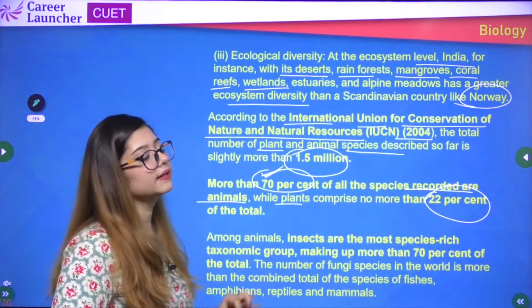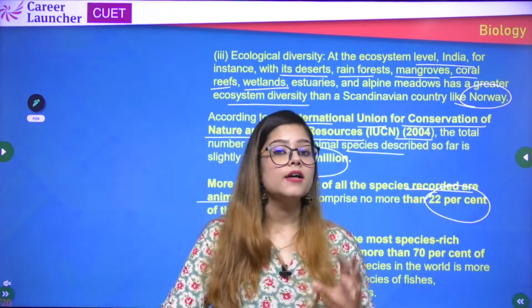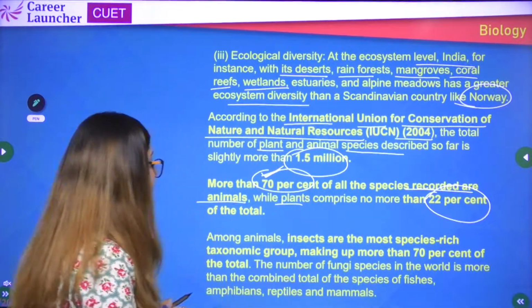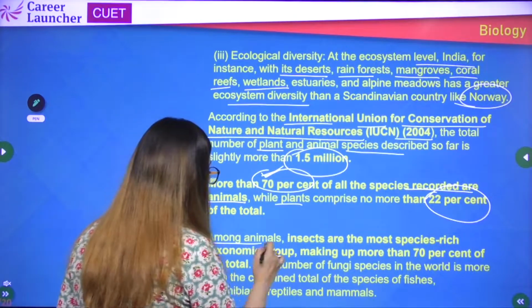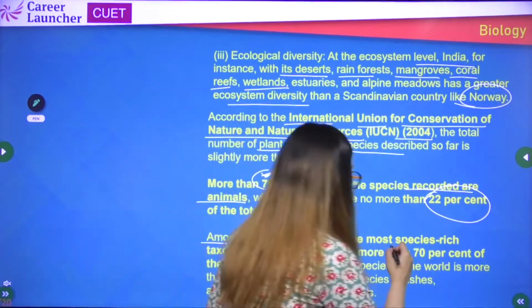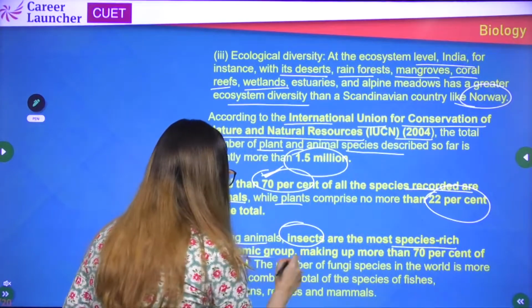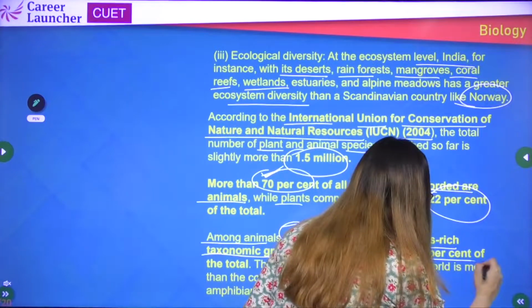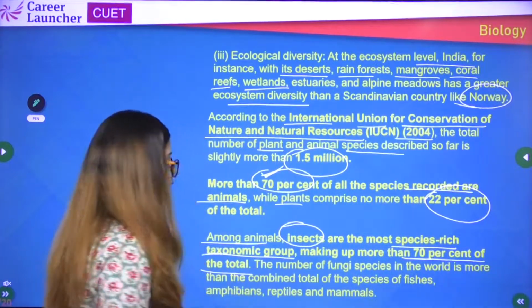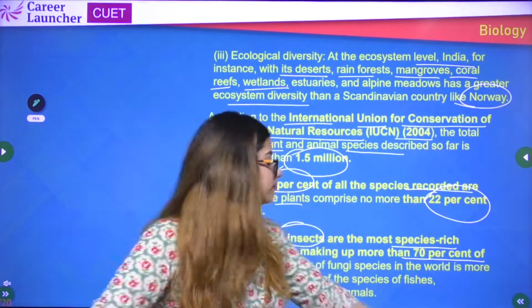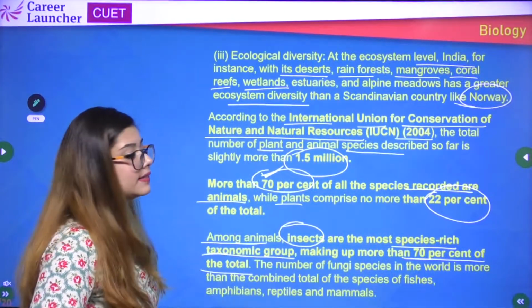If we talk about animals, the group covering the most space is insects, right? So among animals, insects are the most species rich taxonomic group, making up more than 70% of the total. So more than 70% of the animals are insects.